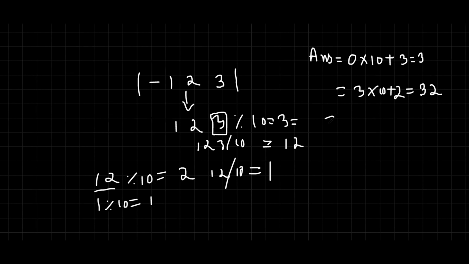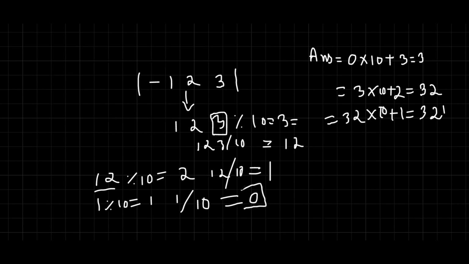So the answer will be 32 multiplied by 10 plus 1, which is 321. Now, we have to divide 1 by 10. And if we divide 1 by 10, it will become 0. And when we find that our input number is equal to 0, we have to stop the iteration.